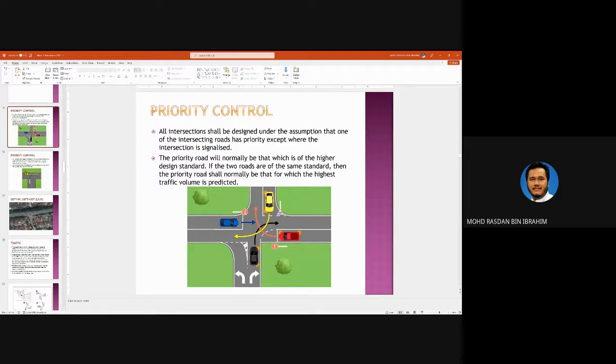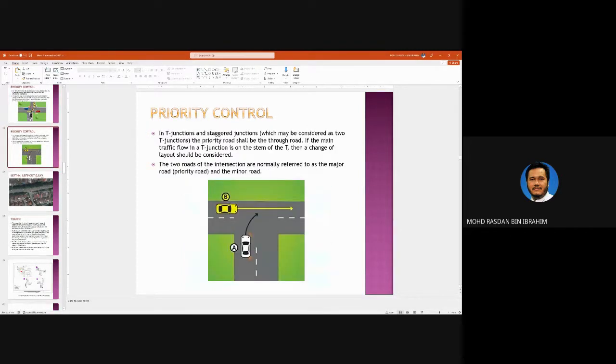Then, if the two roads are of the same standard, like maybe in your case, R3, and you design a similar road with the same specification of R3, so the roads are of the same standard, then the priority road shall be the one that has the highest traffic volume. Usually, one road is higher and the other a bit lower. So you know that the higher one is the major road.